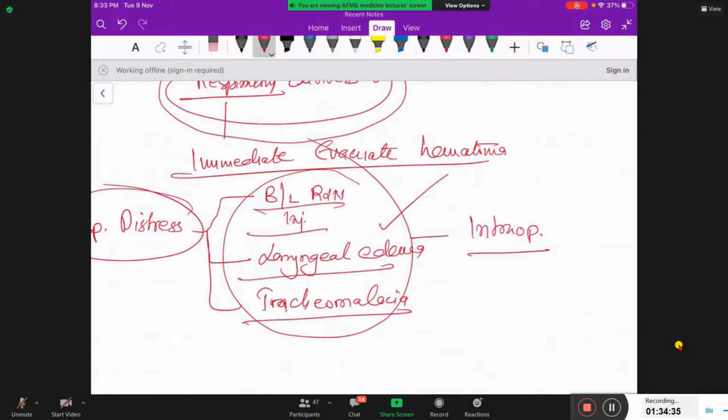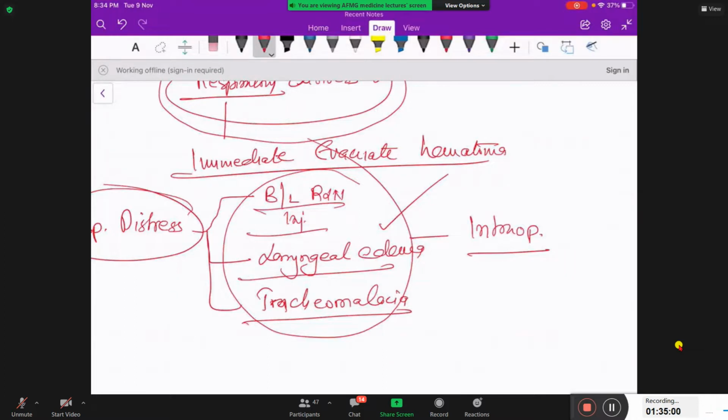Because if both the vocal cords are fluttering, the injury to the recurrent laryngeal nerve has not happened. But if they are not fluttering, if you remove the tube, they will be strident. When they are removing the tube, they can also see a thinning of the tracheal cartilage after the removal of the thyroid gland. And laryngeal edema can also be seen.